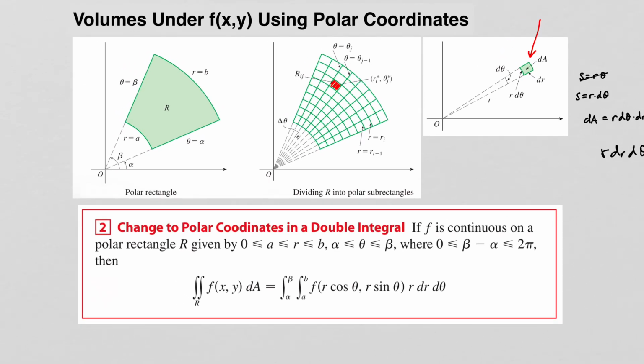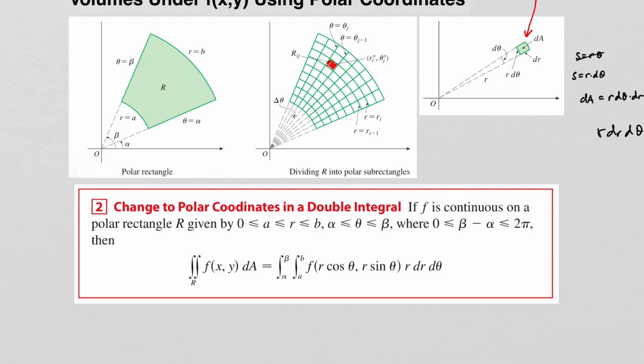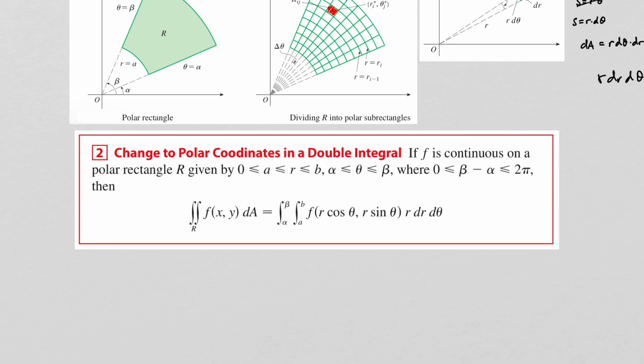And so the volume over such a region is simply going to be the double integral over that region of the function f of x, y, dA. So notice the notation here is exactly identical to what we used to do. But now dA is r dr d theta. And because we're using polar coordinates, we know that x is equal to r cosine of theta and y is equal to r sine of theta.